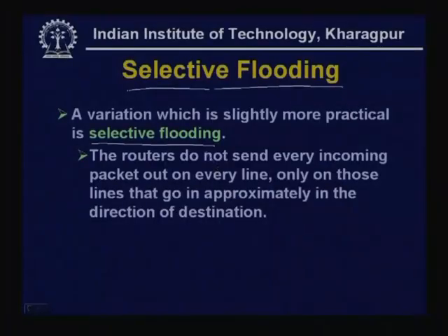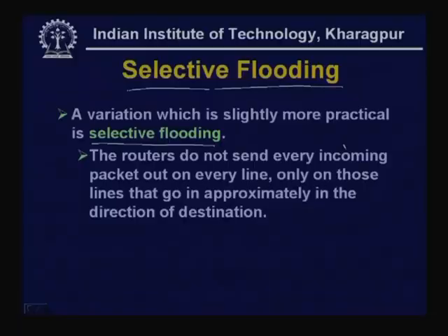Now, it may be forwarded in the direction opposite to the destination. That is being restricted in the selective flooding technique. There, it is known in which direction the destination exists. Some weightage can be given for forwarding a packet in a particular direction.